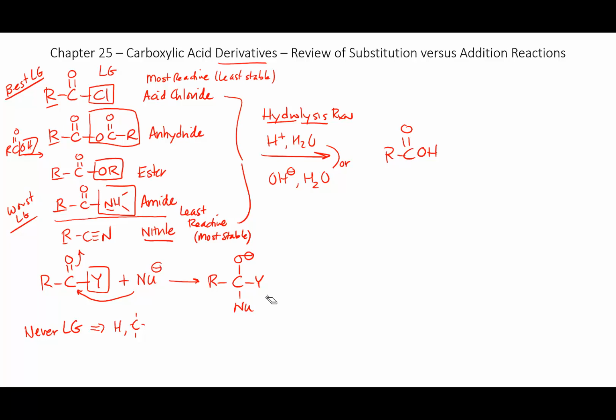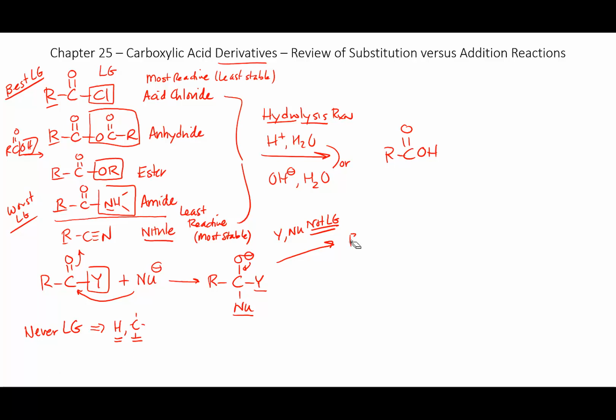Now, there's two pathways that this reaction can go. The pair of electrons on the O- is going to come back down. It's going to try. What happens if the Y and the nucleophile are not leaving groups? Well, that was the case when we had aldehydes and ketones.